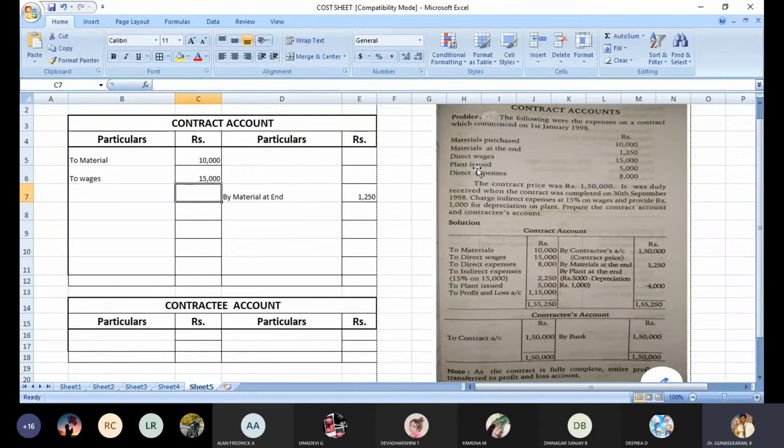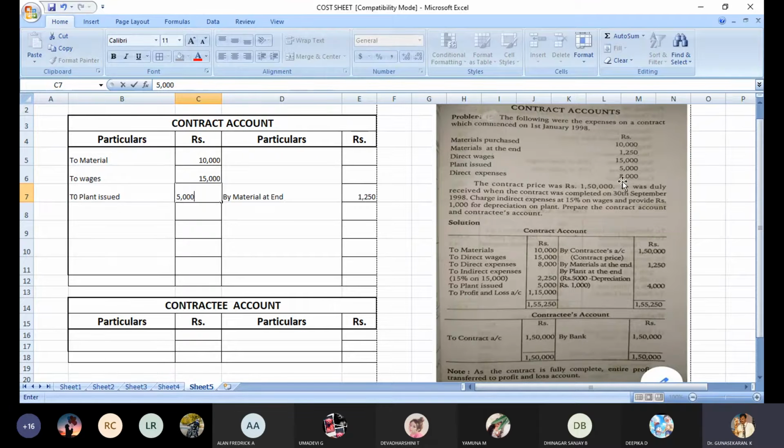So now we can enter plant issued value 5,000 on the debit side: 'to plant issued' 5,000. Next one, direct expenses.